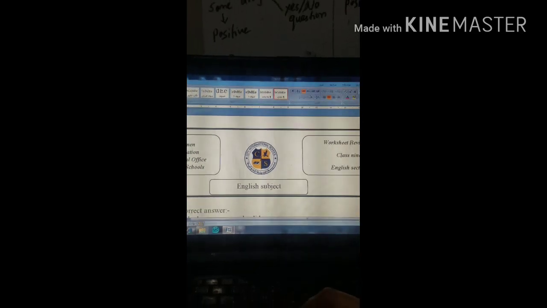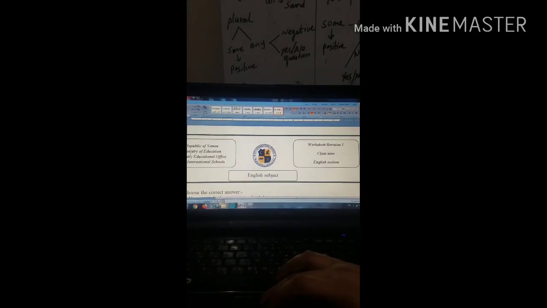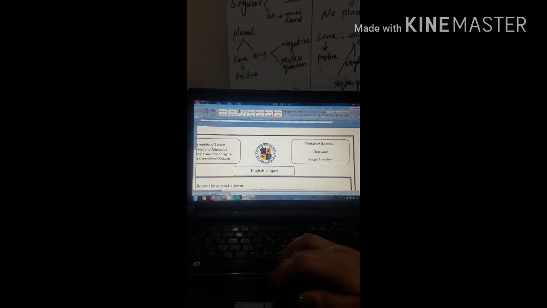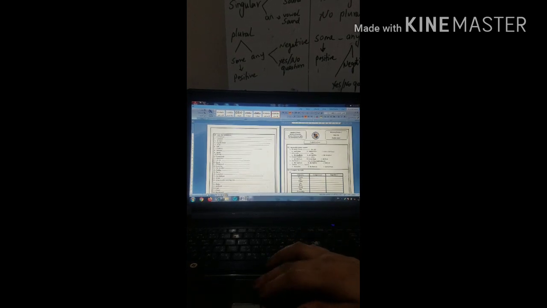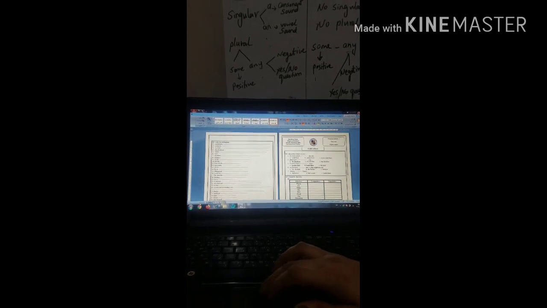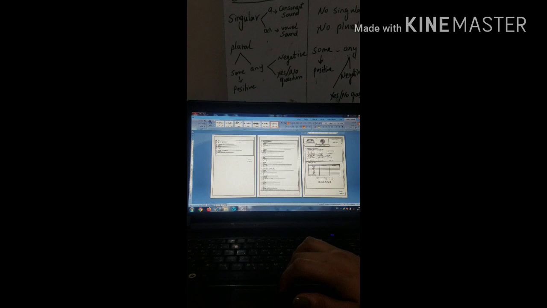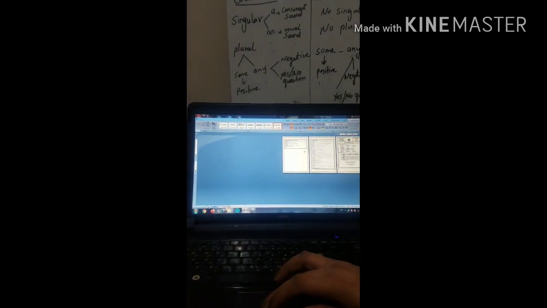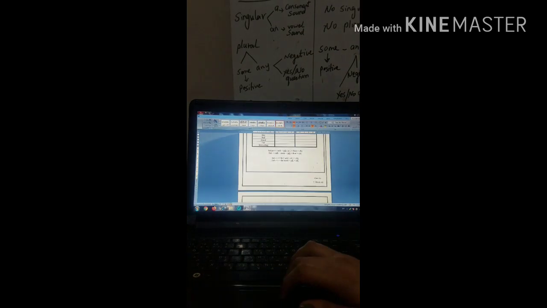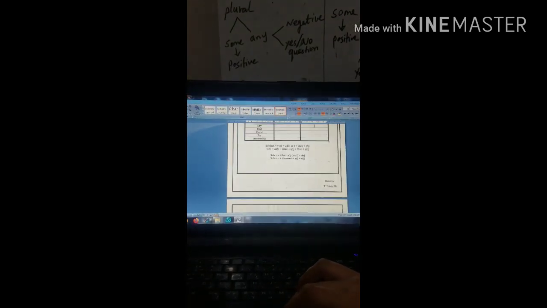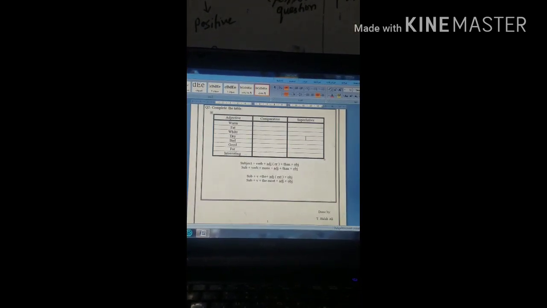It talks about adjectives. You know the adjectives, all of you. Here we have comparative and superlative.